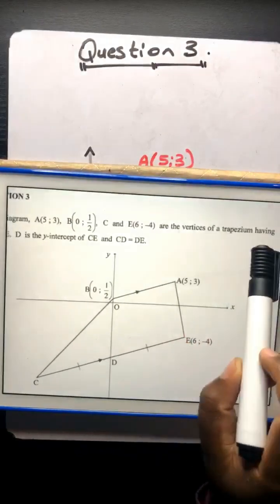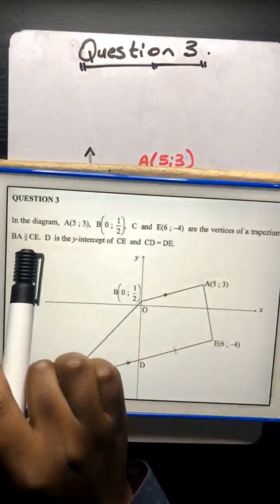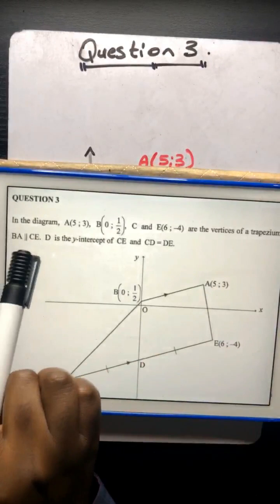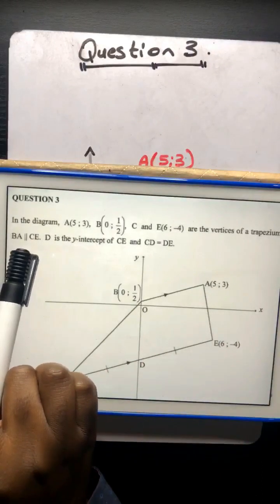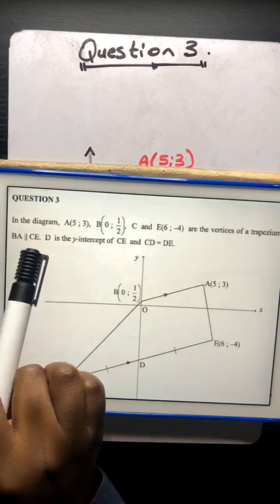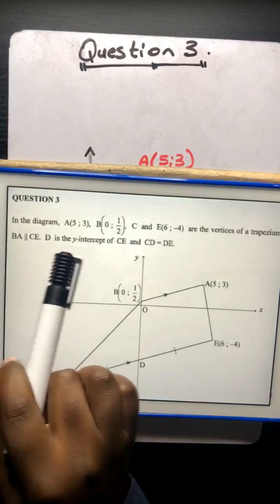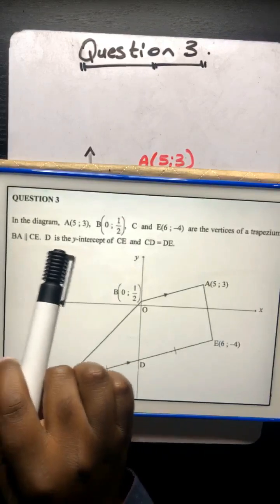A trapezium having BA. Can you see those two lines? We do know very well that the moment we see those, it means parallel. So that means BA is parallel to CE. Okay. D is the y-intercept.